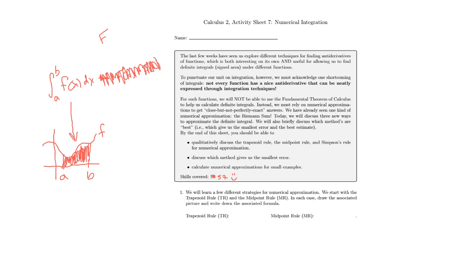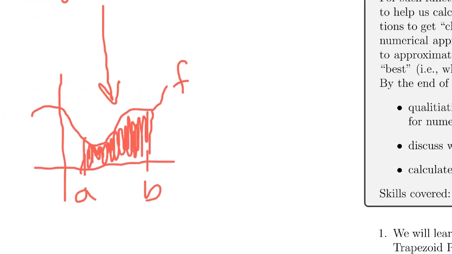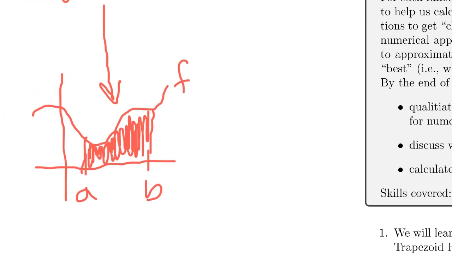A Riemann sum is something that we could calculate by creating a bunch of appropriately sized rectangles. All right, so we would specifically subdivide the interval a to b into a certain number of equally sized rectangles.